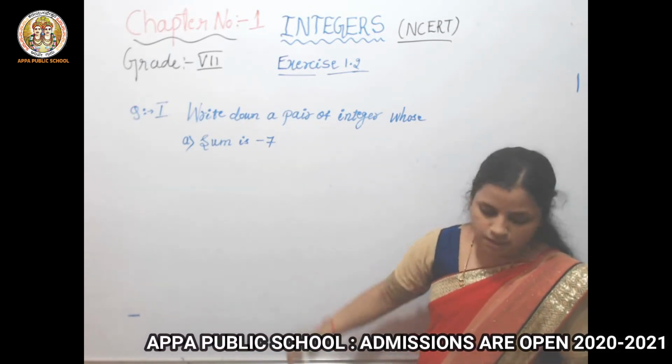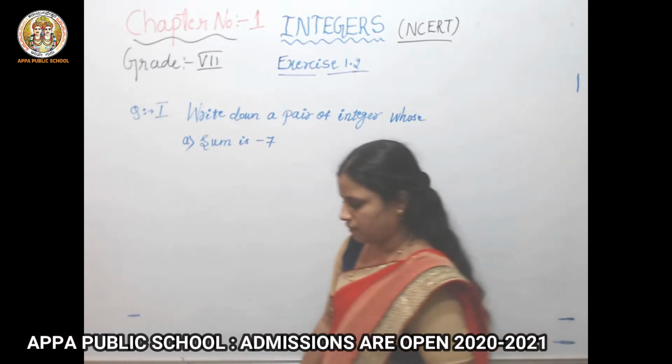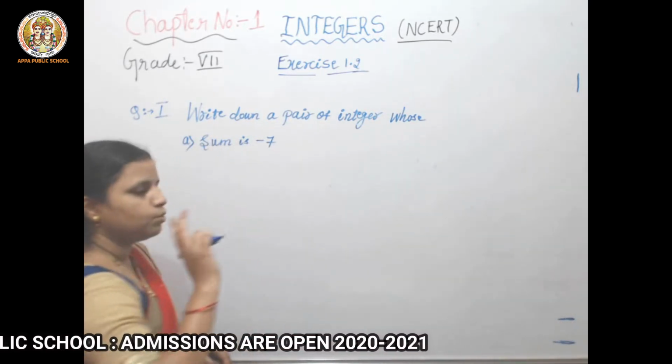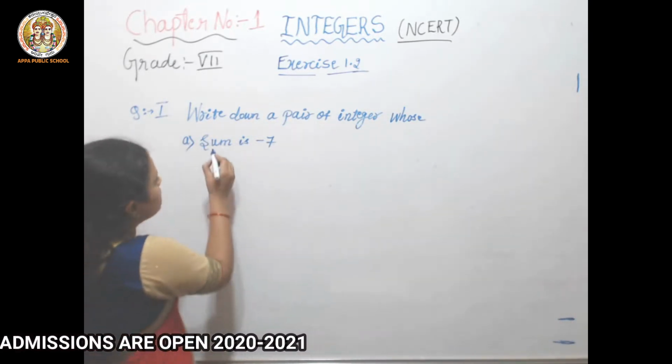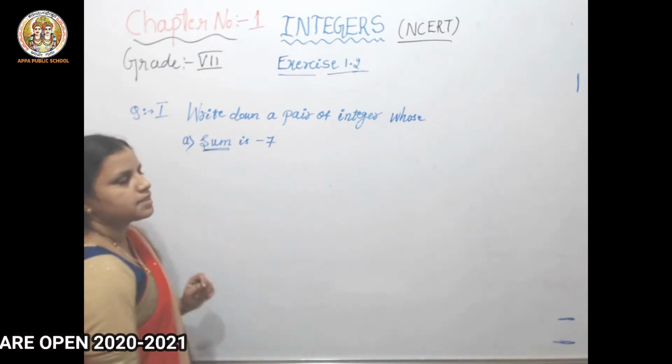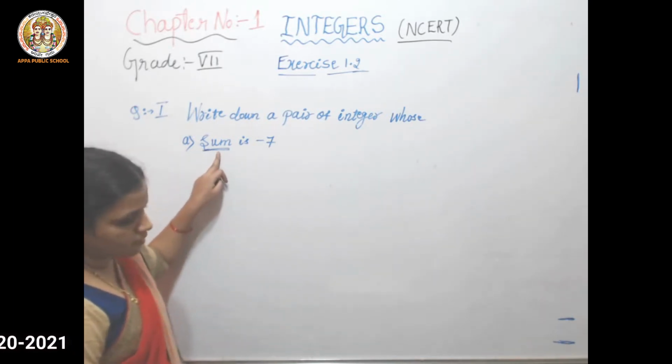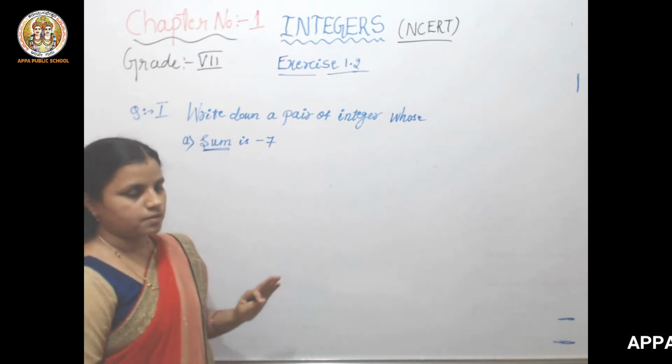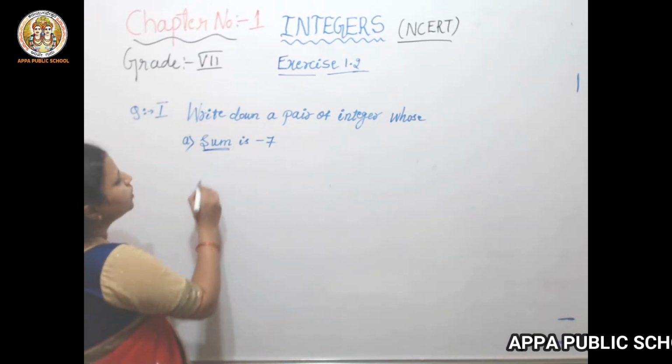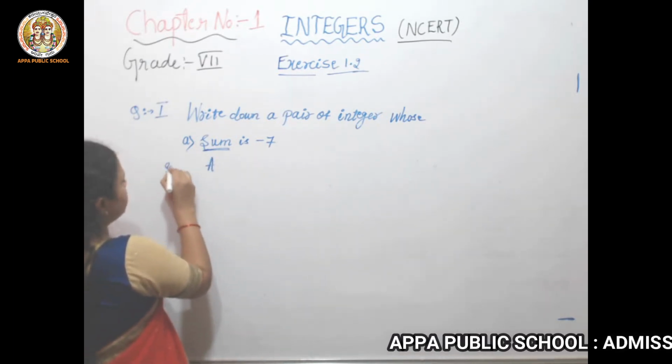The first one is sum is minus 7. When we add those 2 integers, sum indicates plus.